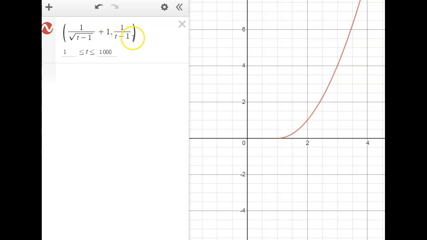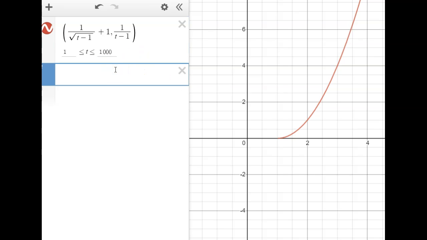A really big number minus 1 as we make our way to infinity is still a really big number. 1 divided by a big number is close to 0. So we end up really close to the point 1, 0 as t gets bigger and bigger and bigger. So the closer you get to infinity, you can start to see that that thing gets smaller and smaller, closer and closer to 1, 0.